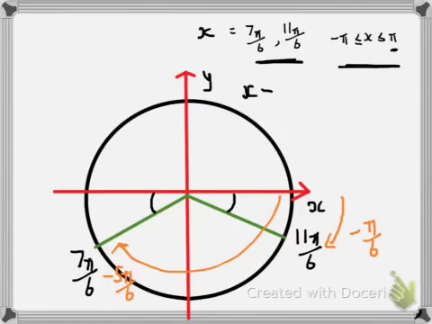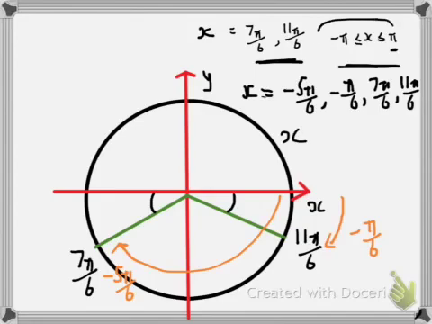x equals, and in order, that'd be negative 5 pi on 6, negative pi on 6, 7 pi on 6, 11 pi on 6. Now here's the beauty of this method.